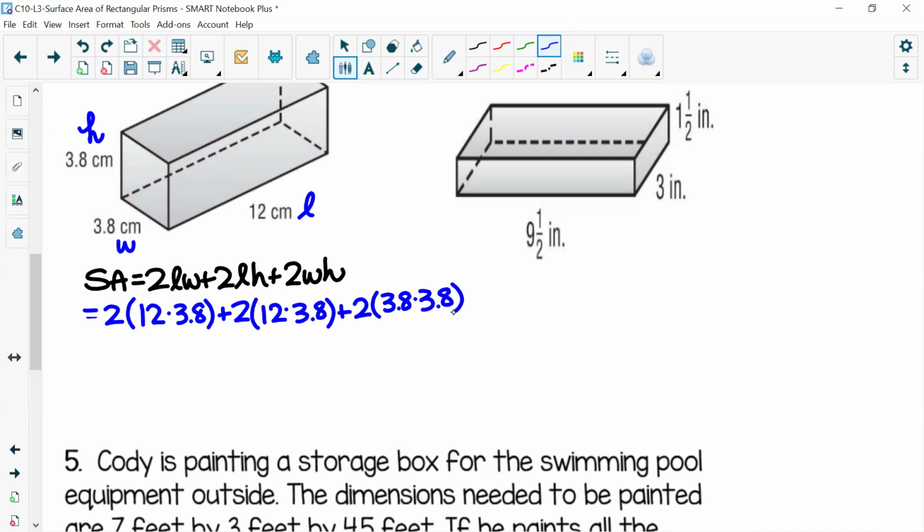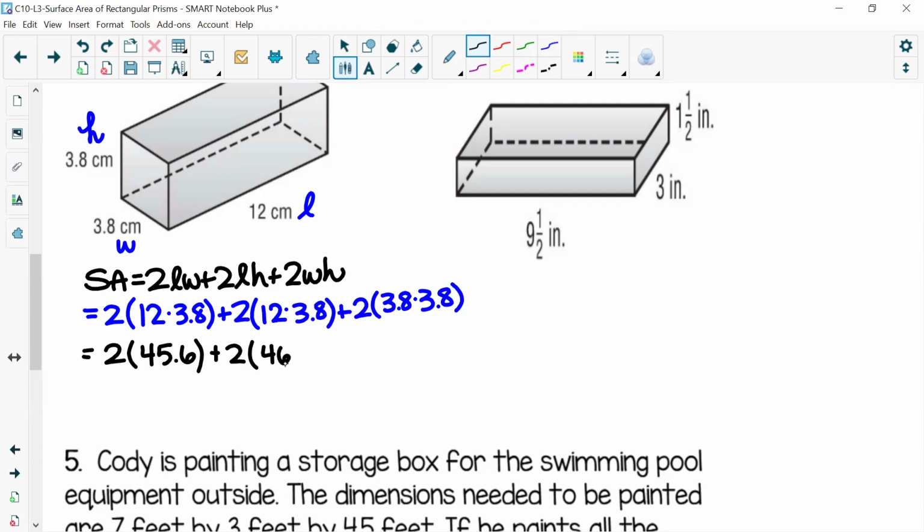So now they threw in some decimals there, which I'm sure you were not happy about. So to get through this, we have 2 times, so we're going to have to go 3.8 times 12, which equals 45 and 6/10, plus 2 times 3.8 times 12 again.